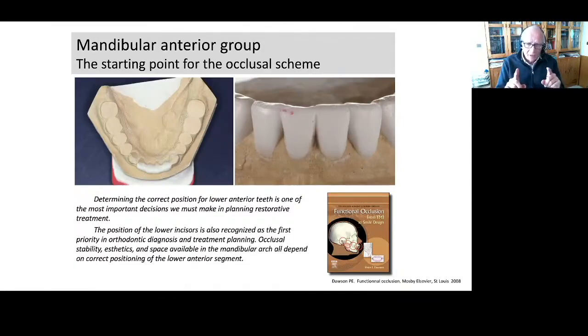The reason is the morphology is the simplest morphology of all the teeth. The four incisors are the same, a little bit larger for the lateral incisors, but not a problem. The shape is very simple.